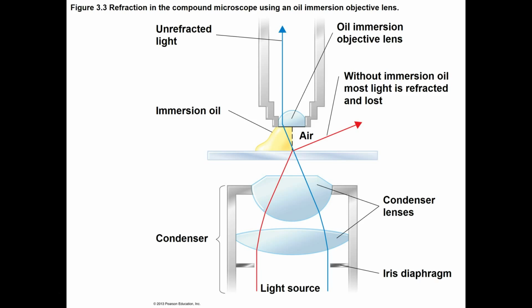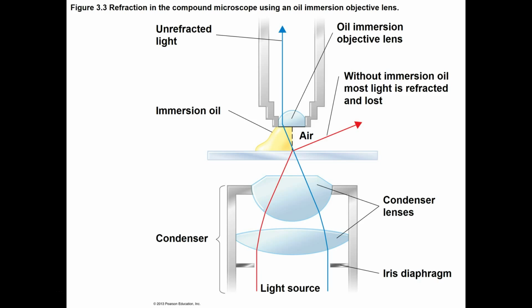As you work through the first three objective lenses, 4x, 10x, 40x, specimens are easy enough to focus on. Part of that is because there's an adequate amount of light reaching your eyes from the specimen. But when you get to the oil immersion lens, you run into a problem.